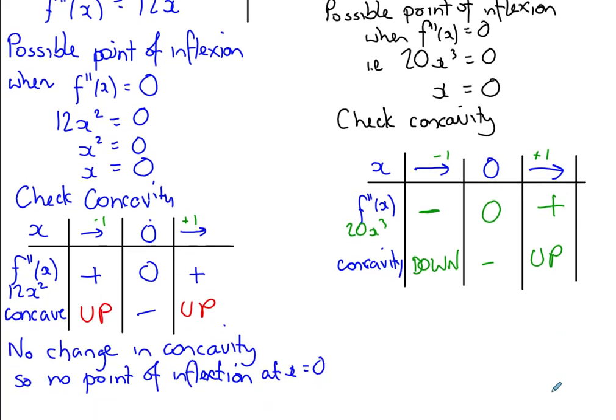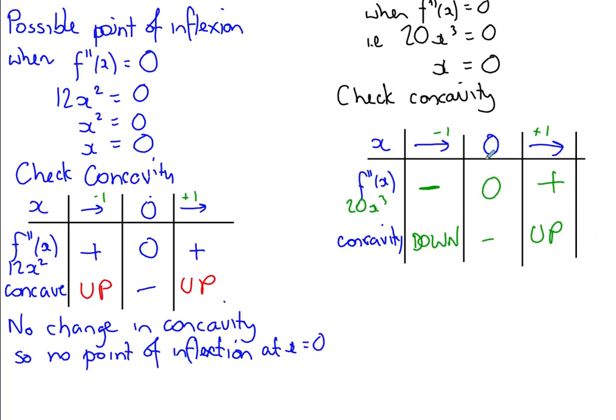Which means that my analysis is that there is a change in concavity across the point. When the second derivative is 0, it's going from concave down to concave up. So therefore we can say that there is a change in concavity from down to up.